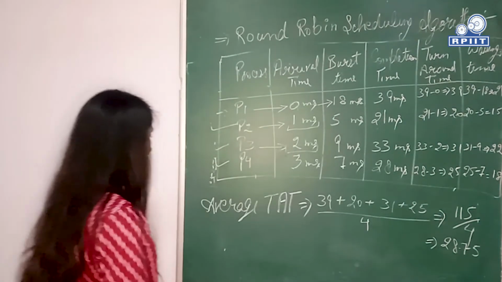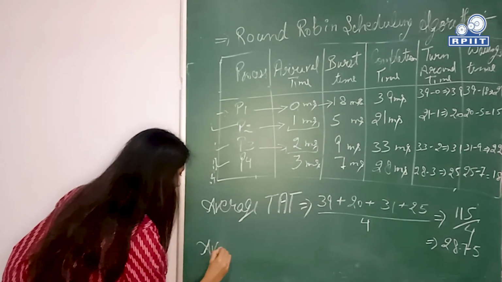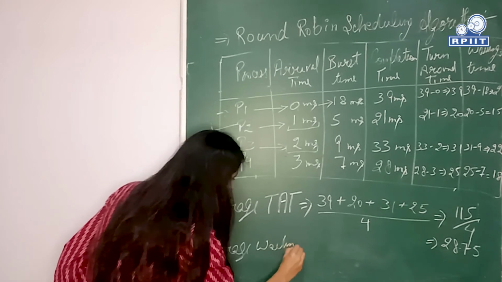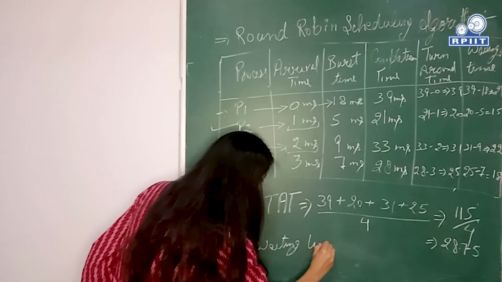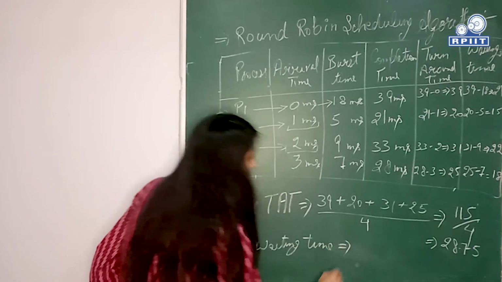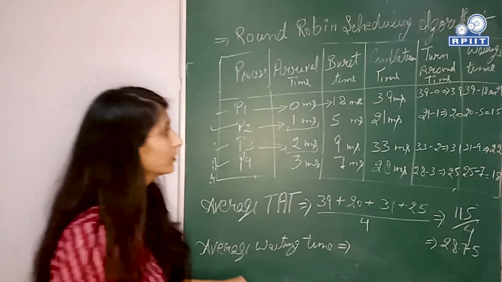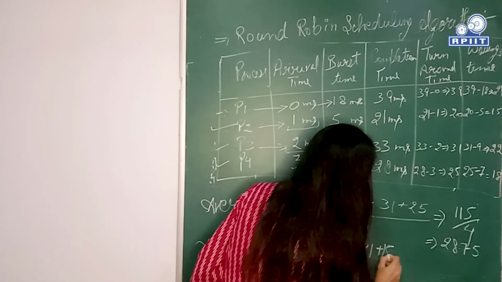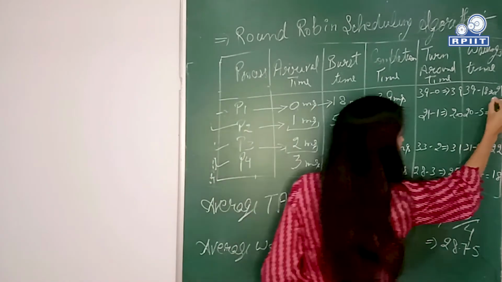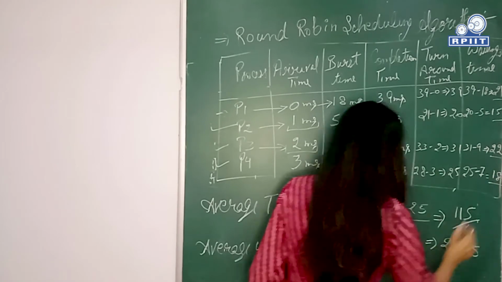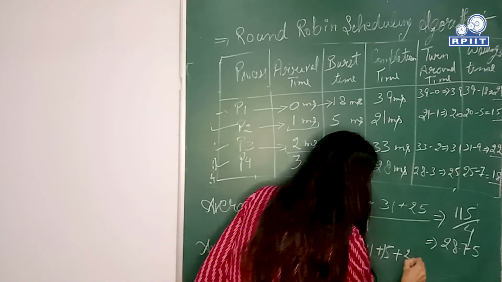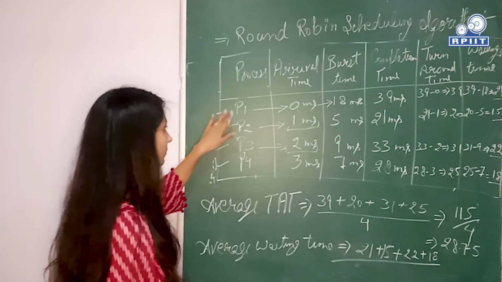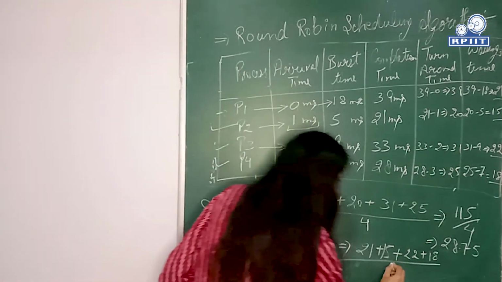And the average waiting time is 21 plus 15 plus 22 plus 18, divided by the total number of processes, that is 4.